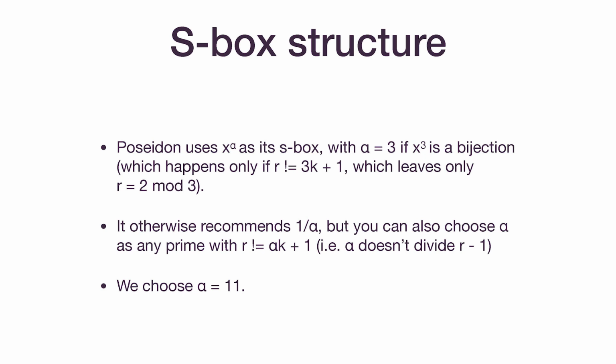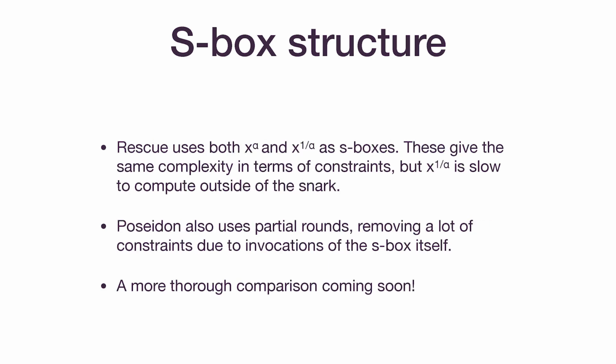So r minus 1 in this case should be co-prime with the prime number that you use as alpha. It recommends that you use 1 over alpha if 3 isn't co-prime with r minus 1, but we chose alpha equals 11 instead because this is our smallest prime that's co-prime with p minus 1.